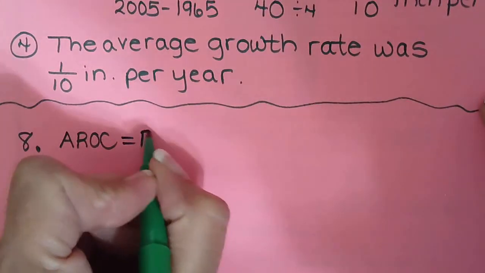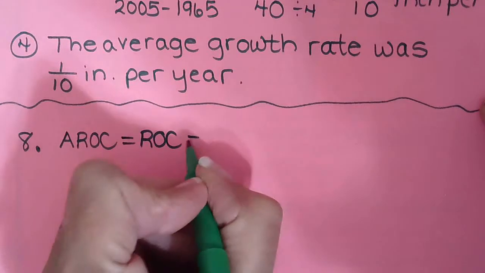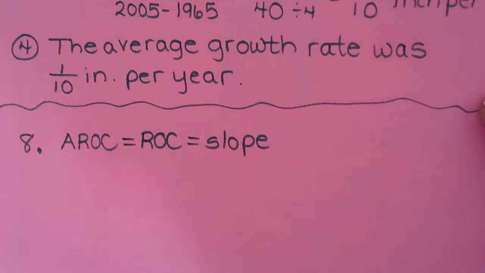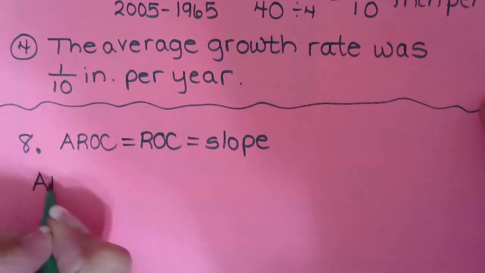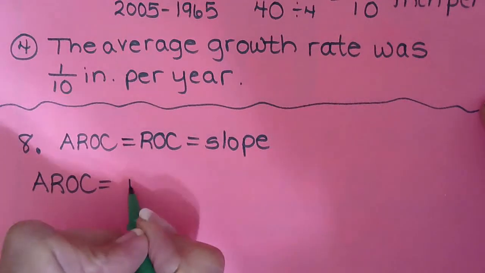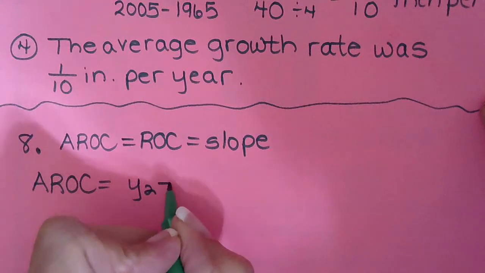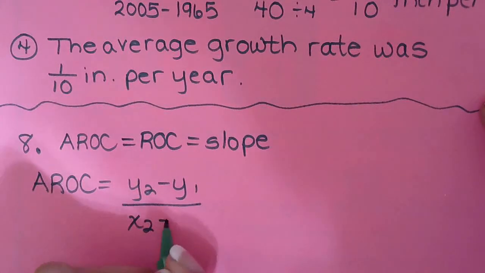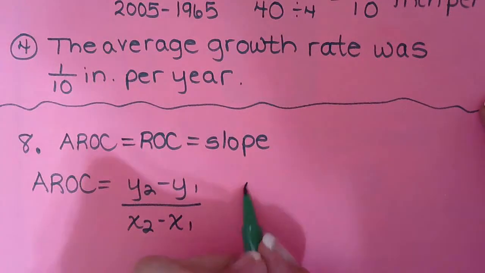Average rate of change is the same thing as rate of change, which is the same thing as slope. So they're all the same. So when we go to write our formula here, y, second y, minus the first y over the second x minus the first x.